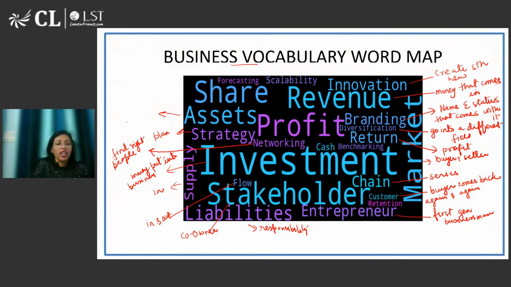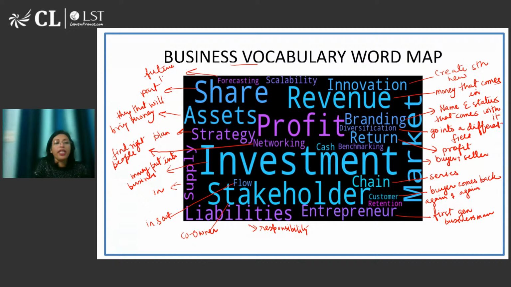Asset is anything that will bring you money. Anything that will bring you money, that is called an asset. Share, of course, is a part. Forecasting is, of course, guessing what will happen in the future.